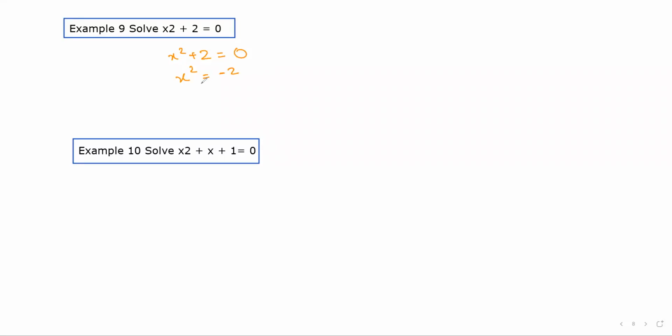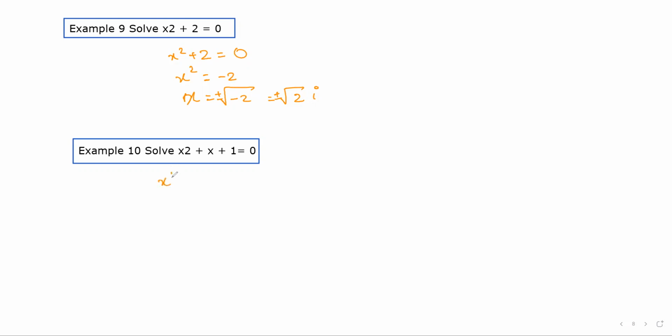Therefore, x is equal to root of minus 2, which is root 2 into i. Since it comes from x square, it has to be plus minus. So you have two values of x, either plus root 2 i or minus root 2 i.